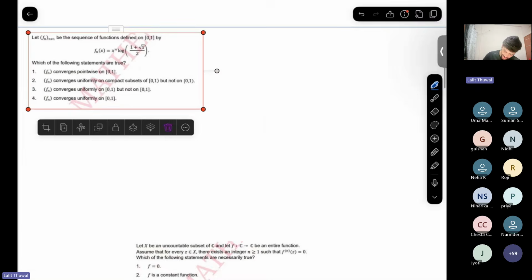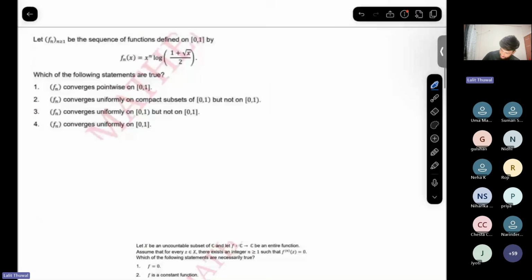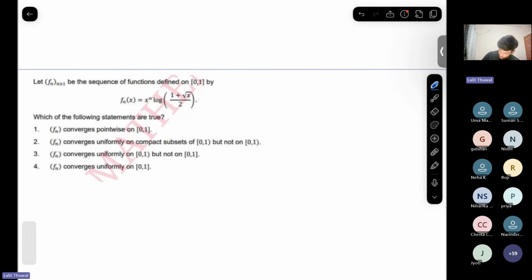So for this one, I will give you an exercise. I will not prove it here because of the time constraint.